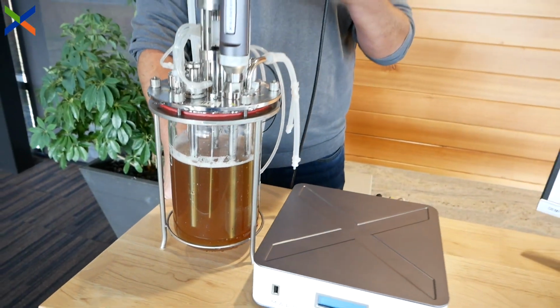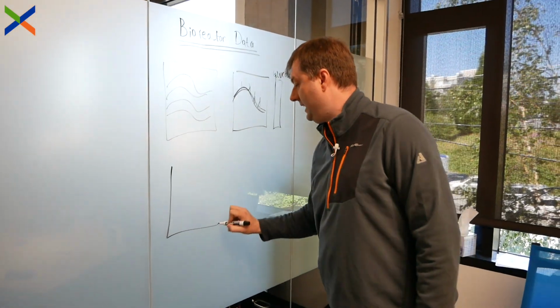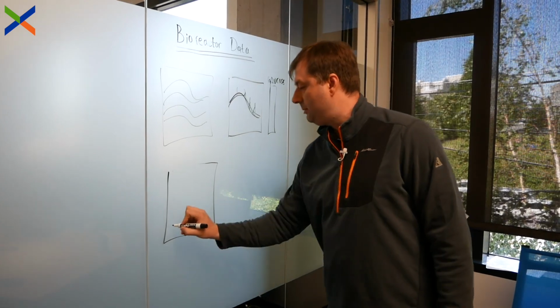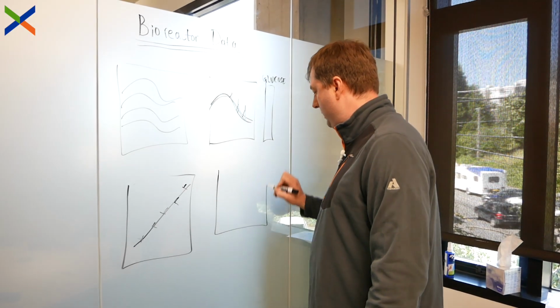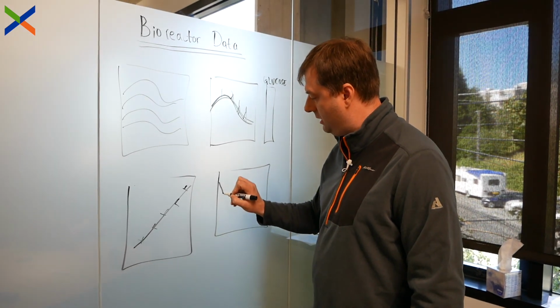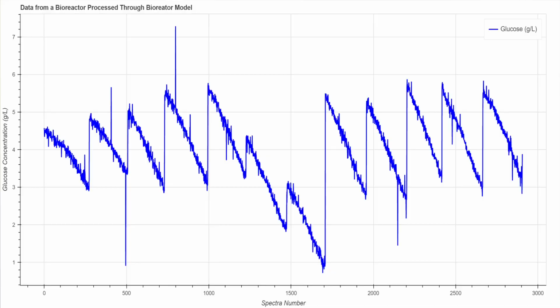Here's how the model works. We use chemometrics methods such as partial least squares to take these spectra and the data we collect in the lab to build a predictive model that allows us to validate whether the system is working correctly and make predictions against this model, so that when we're ready to take the model out of the lab and move it into a process where it can start earning value and start delivering answers for a customer, we start to get information about what the bioreactor is doing and at what point we might need to feed the system and make an addition of glucose so that the model can be used to monitor the process over time.